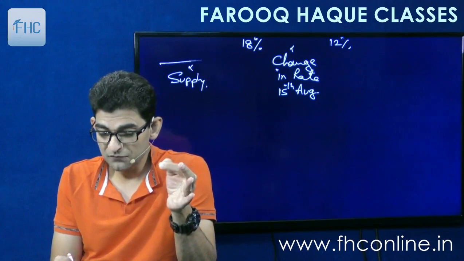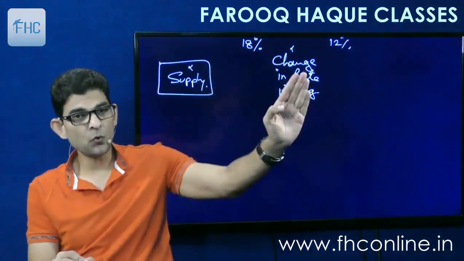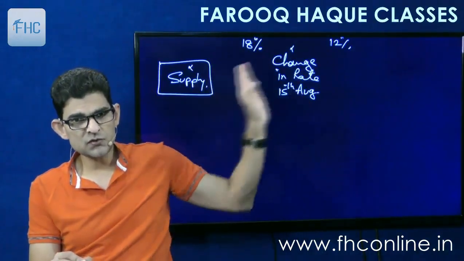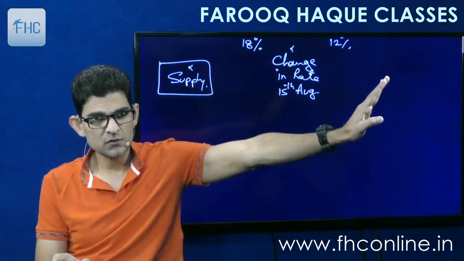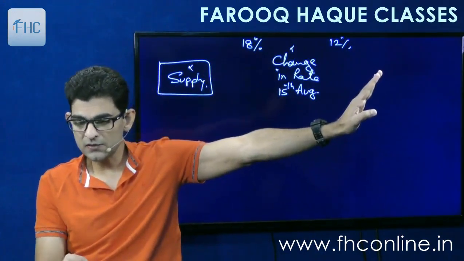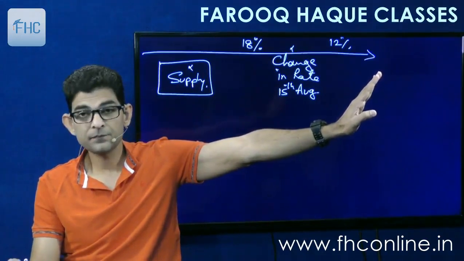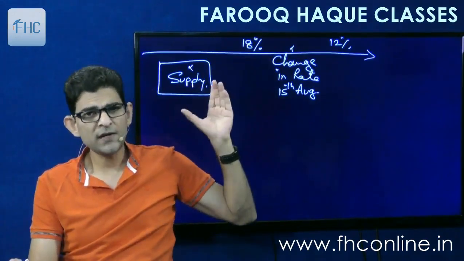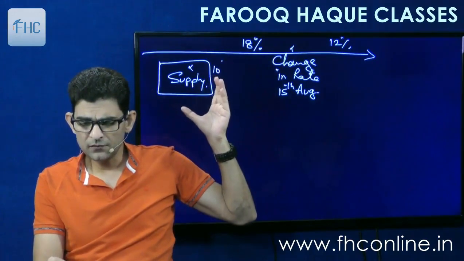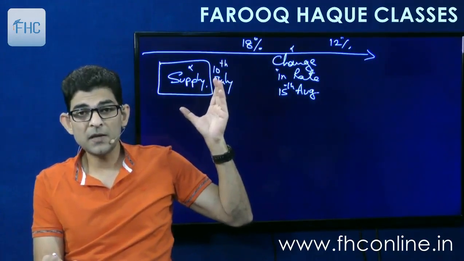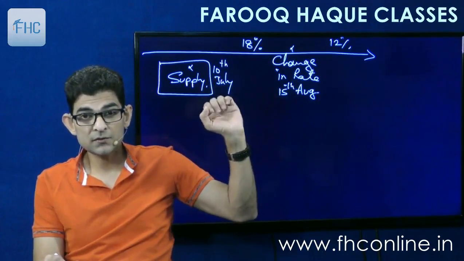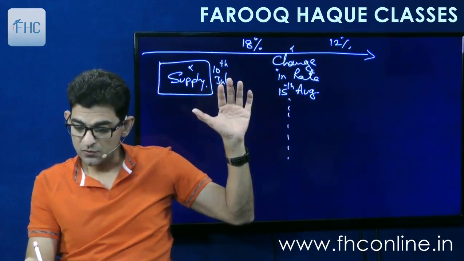So this remains fixed. Supply is before the change. So this is the timeline, and we are moving from here to here. Anytime before, say for example 10th of July, supply means before 15th August. Now let's see what is going to happen.